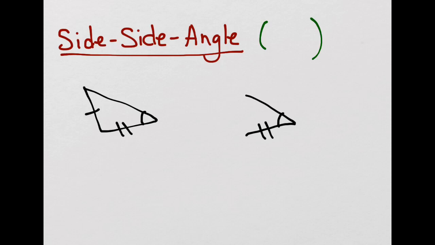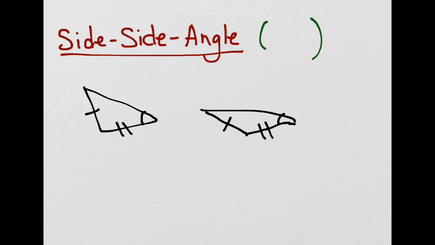However, if I rotate this other side, well, that wasn't a very good drawing, but if I made it hinge out a little bit, there is a possible case where the two sides are congruent and this angle is the same, but those are not the same triangles.